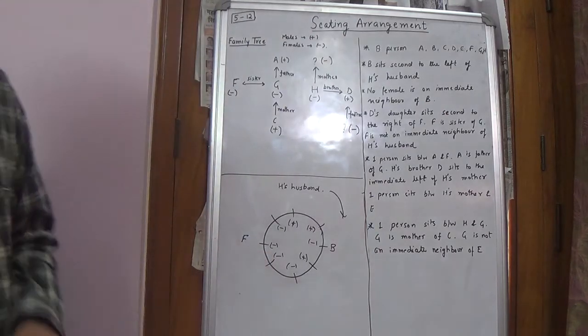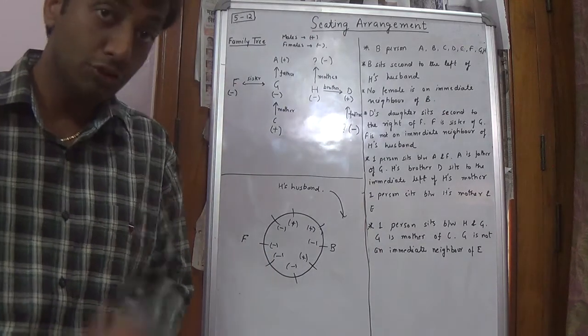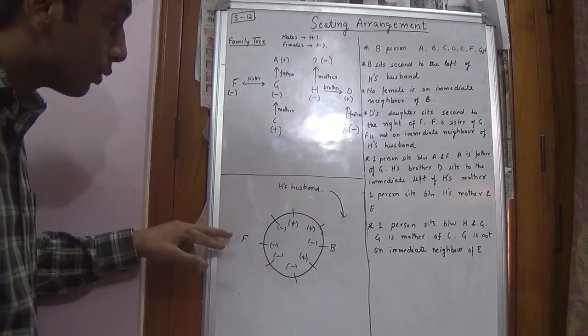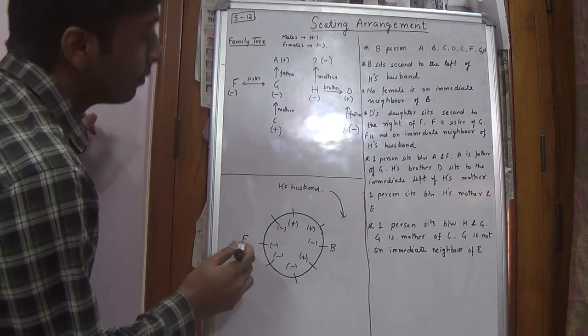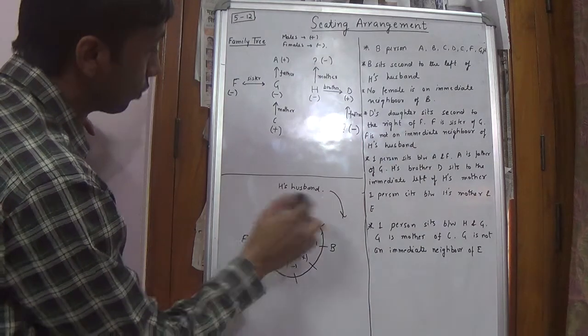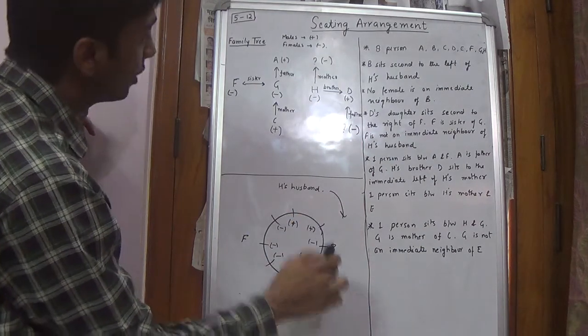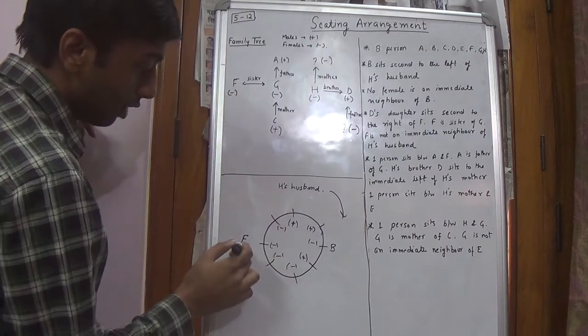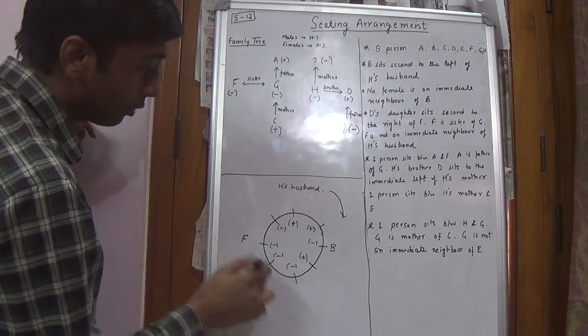This is very important. I would repeat how to find out the position of F. Because F doesn't sit near H's husband, F could not be this, F could not be this, F could not be this, F could not be this because F is a lady. So F is this, this, or this. These three positions are left.